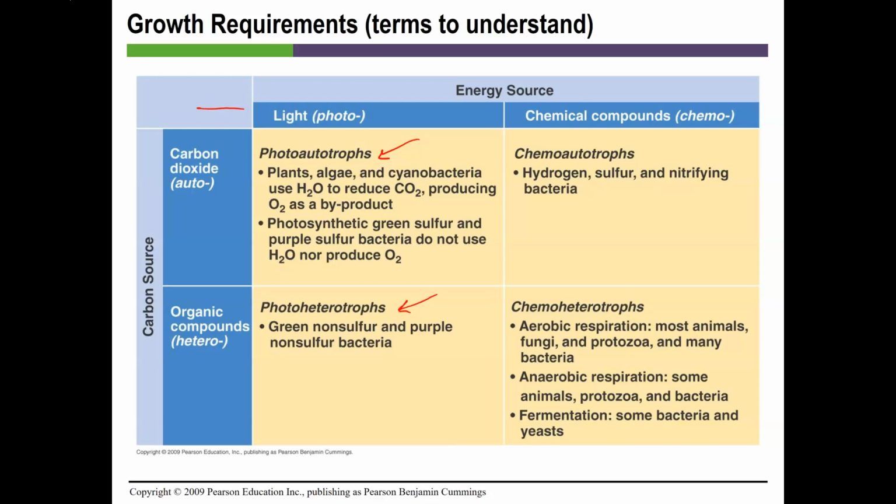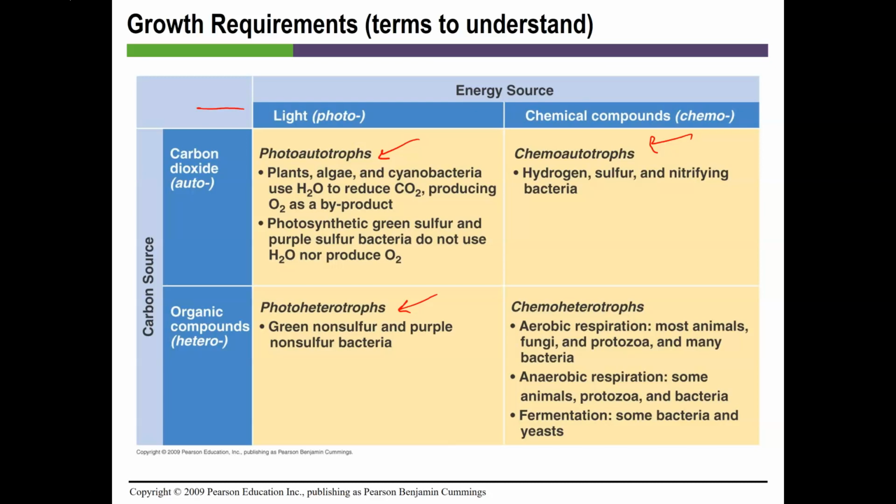Similarly, if we're describing organisms that use chemical compounds as their energy source and carbon dioxide as their carbon source, they're termed chemoautotrophs. These organisms are ones you might find at the bottom of an ocean near the sulfur vents and other unique environments.